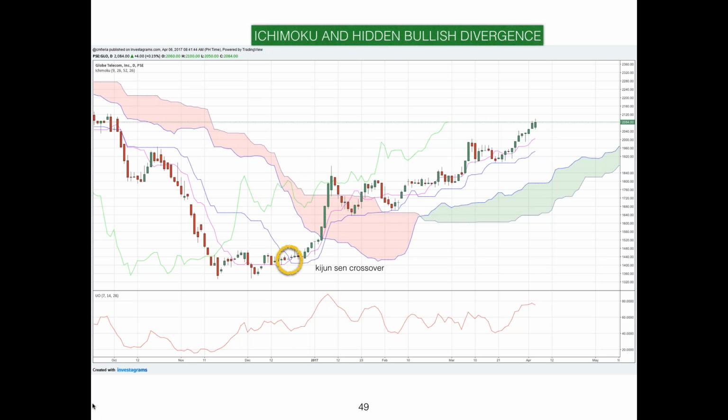Here we see price making a crossover above the Kijun-sen. The Tenkan-sen also made the crossover above the Kijun-sen. This is a bullish signal, and this bullish signal is confirmed by a price break above the Kumo.